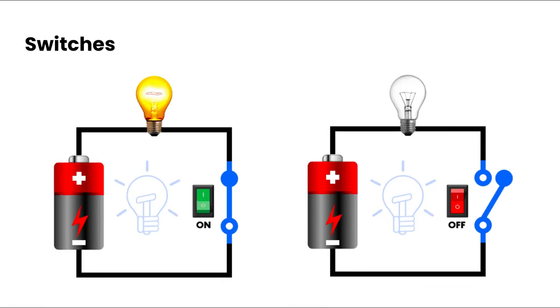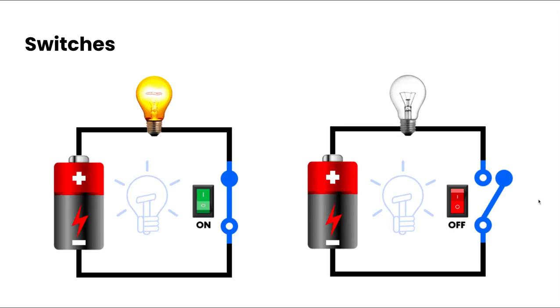Another optional piece that you can have in a circuit is a switch. Most circuits do contain switches because this allows us to turn a device on or off by opening or closing the switch. When the switch is closed, as in this picture here, or turned to the on position, then we have a complete path, and our light bulb lights up.